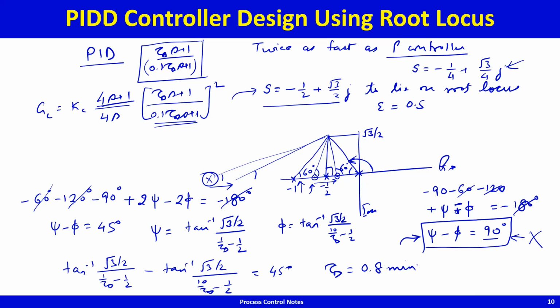And corresponding to this tau d of 0.8 minutes, if you invoke the magnitude condition, Kc is equal to 1 by G open loop calculated at s equal to whatever was the dominant pole that we were forcing, which was minus 1 by 2 plus square root 3 by 2j.